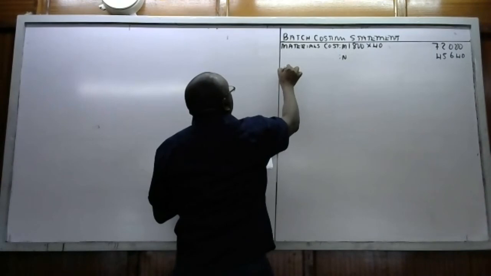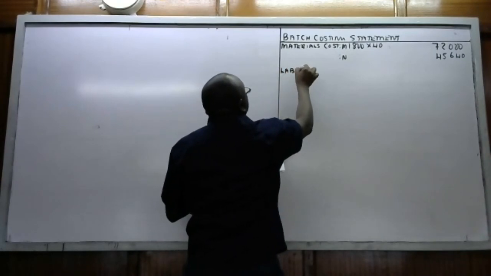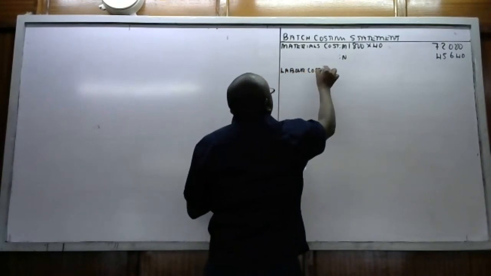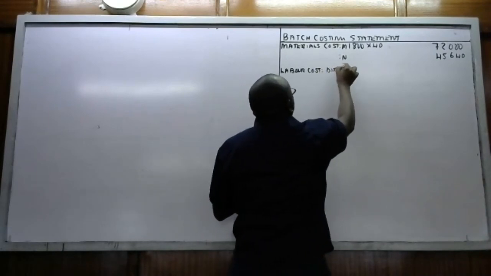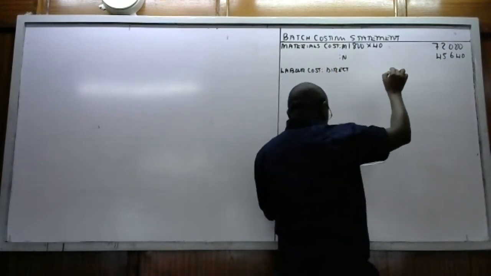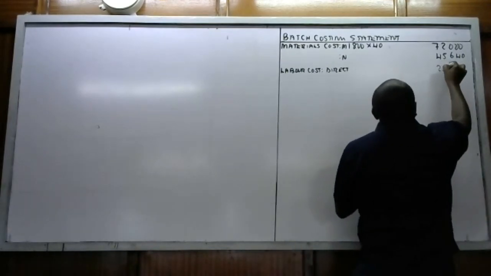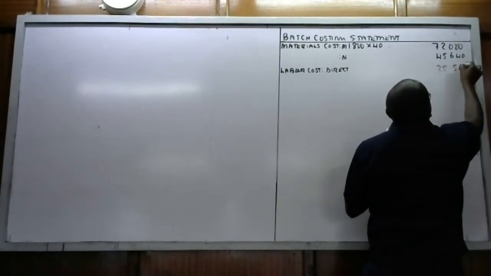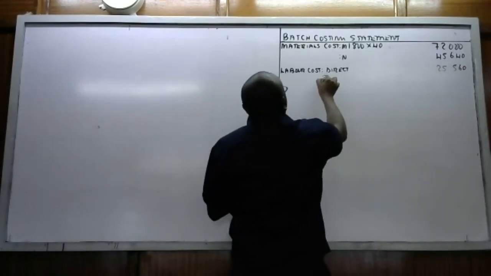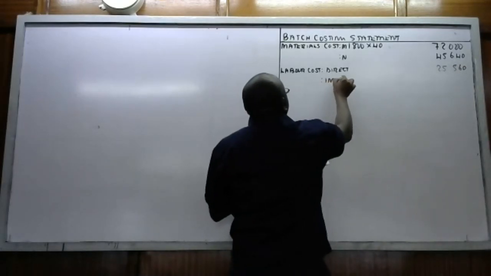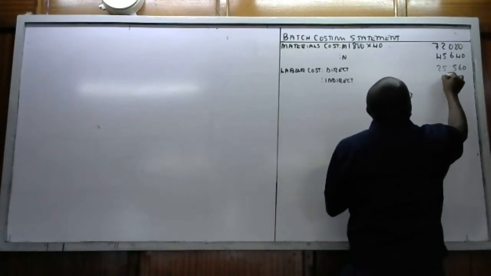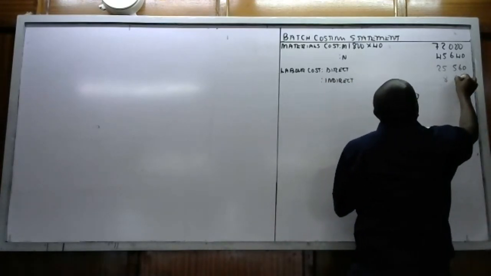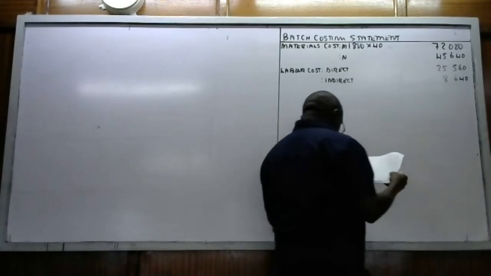Then you come to labor costs. Labor cost, we have direct, 25,560. We have indirect, 8,640.